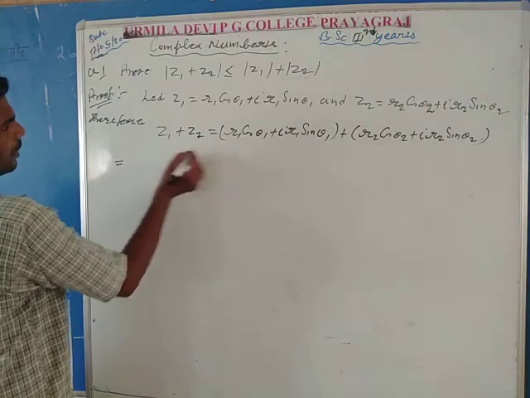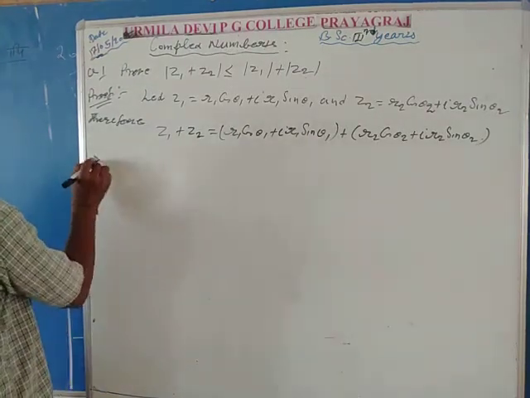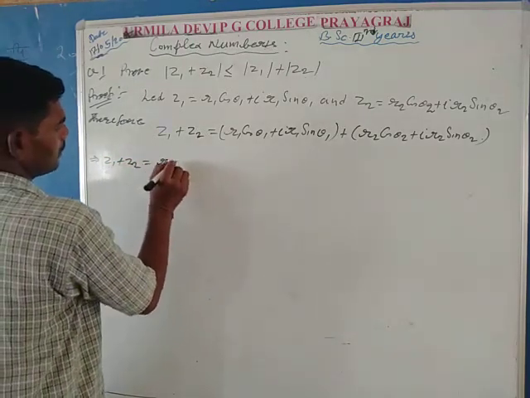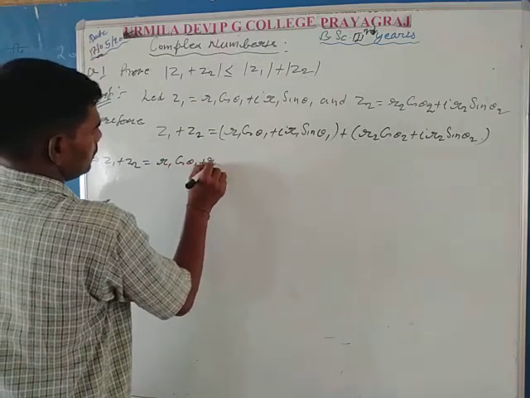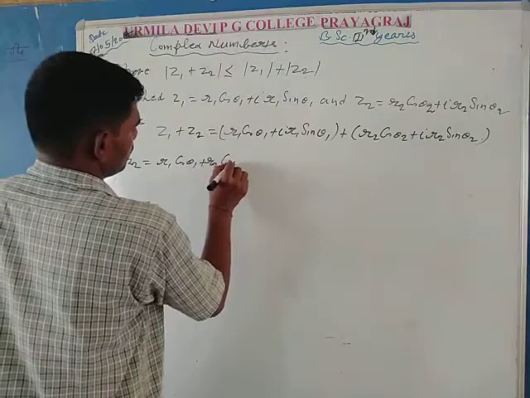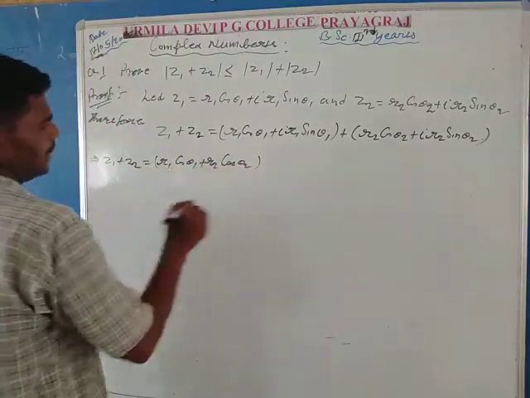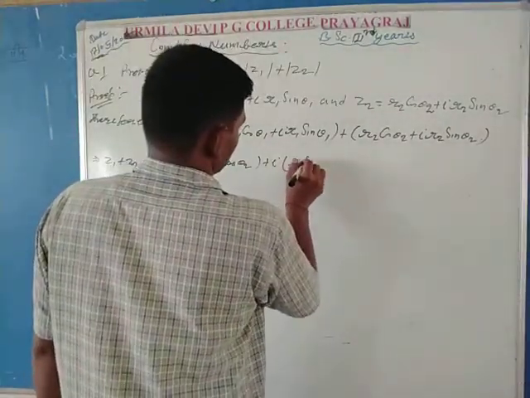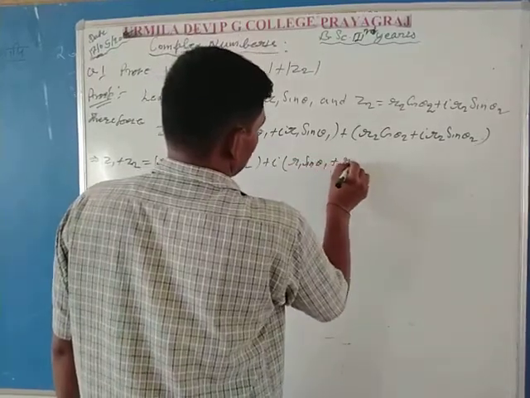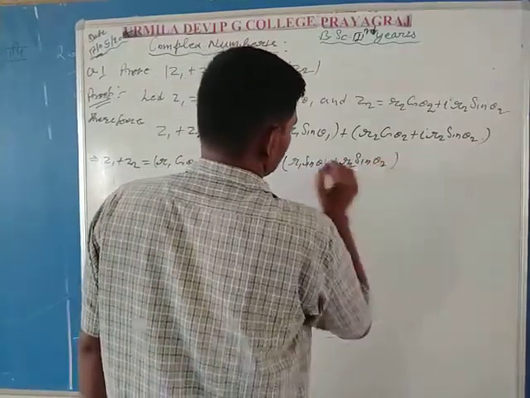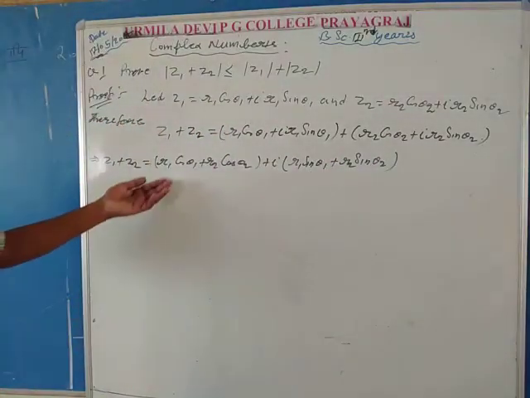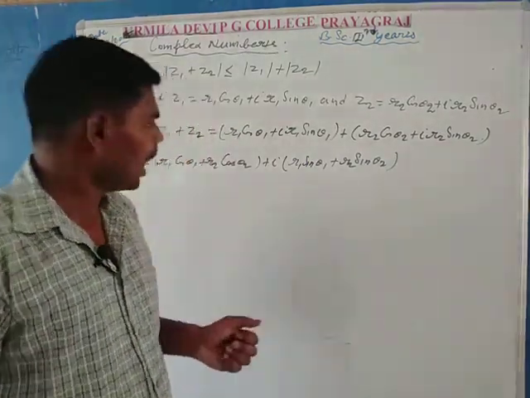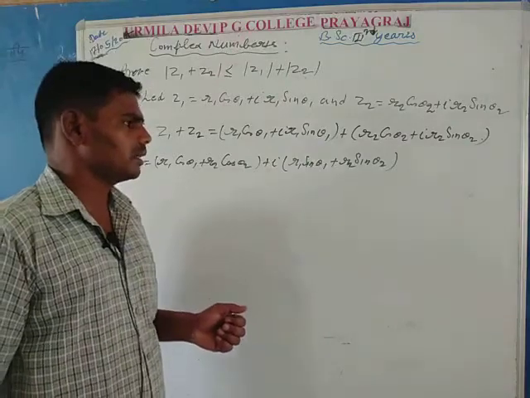So it implies that Z1 plus Z2 is equal to R1 cos theta 1 plus R2 cos theta 2, plus I times, taking I outside the bracket, R1 sin theta 1 plus R2 sin theta 2.